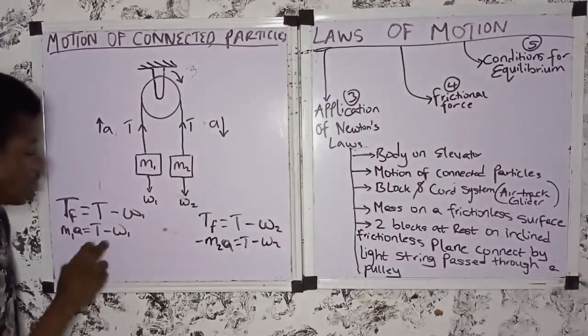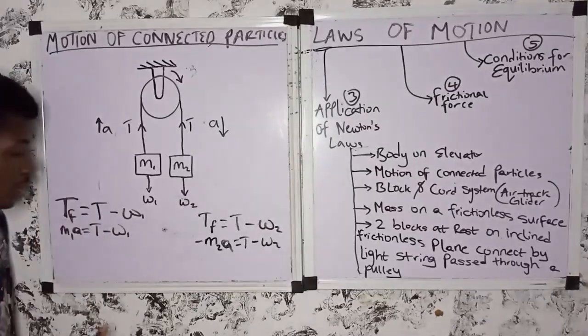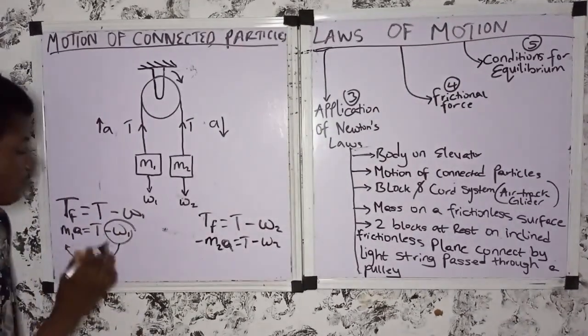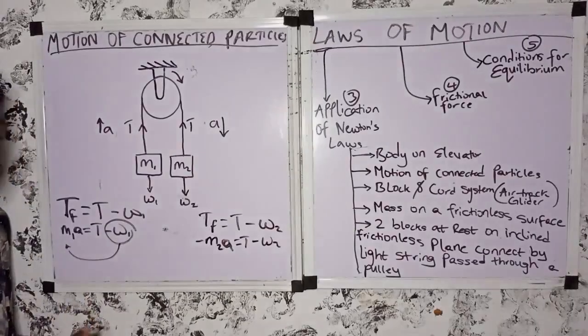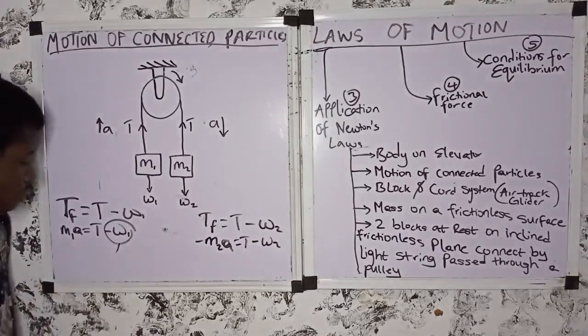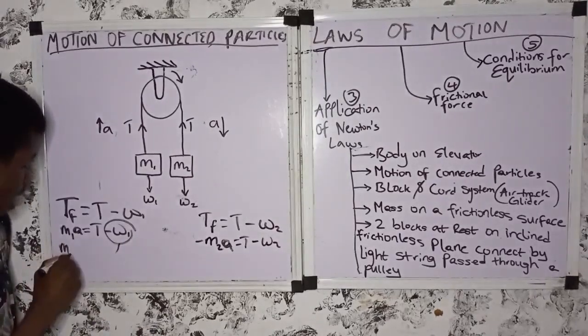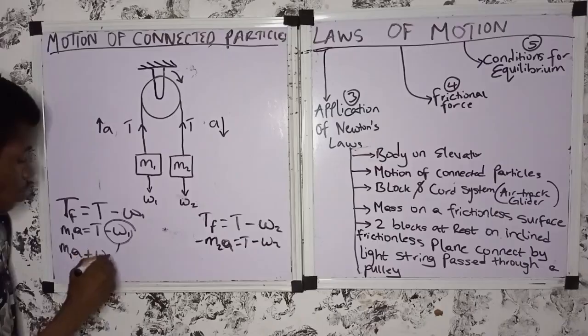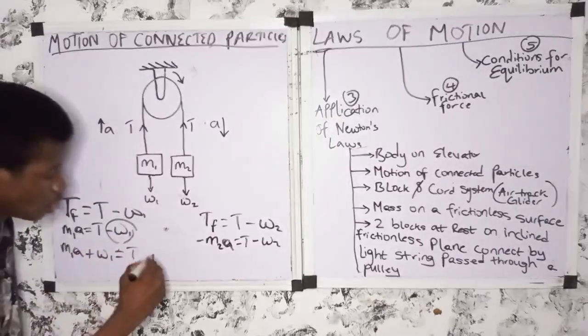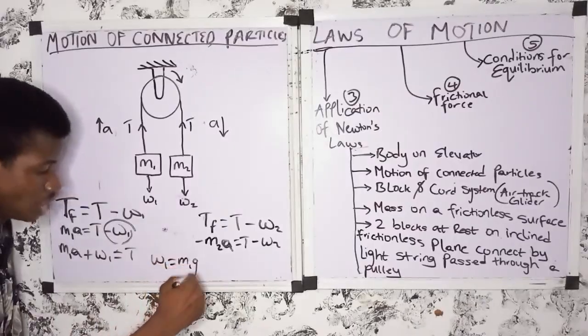Now let's continue. We want to make tension stand alone. Making tension stand alone, we take the weight to this side, right? If the weight comes to this side, it turns to positive, right? So everything will now be M1A plus W1 equals tension, right? Now, W1 is equal to M1g, right?